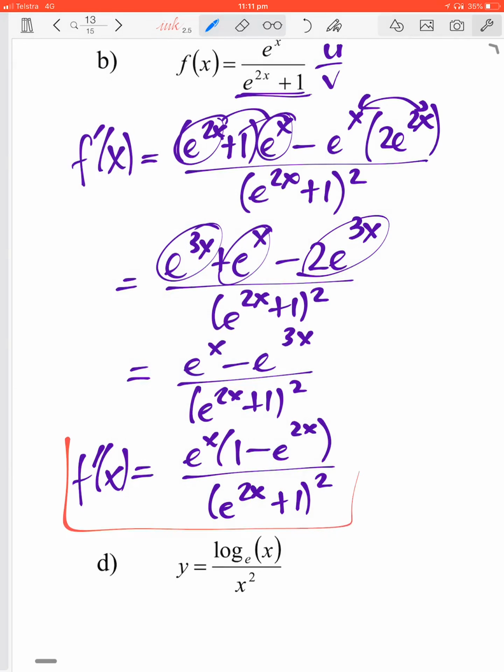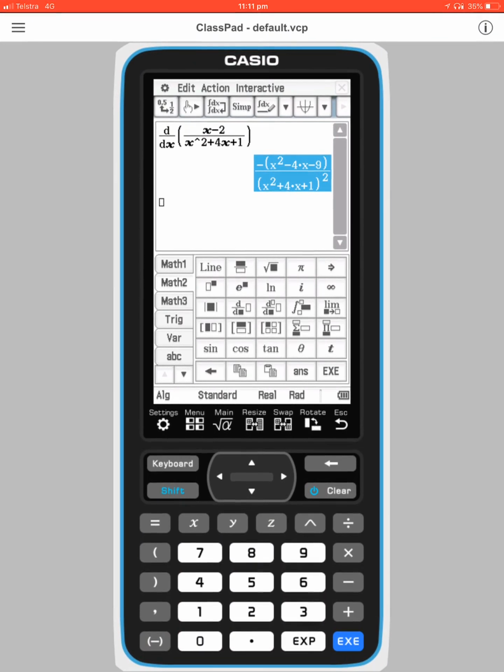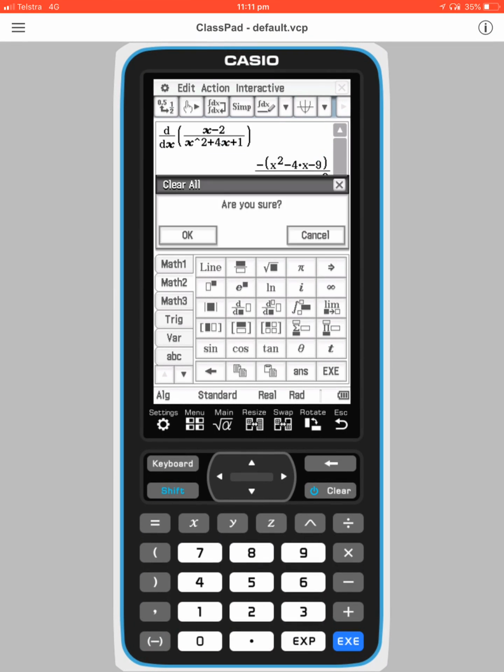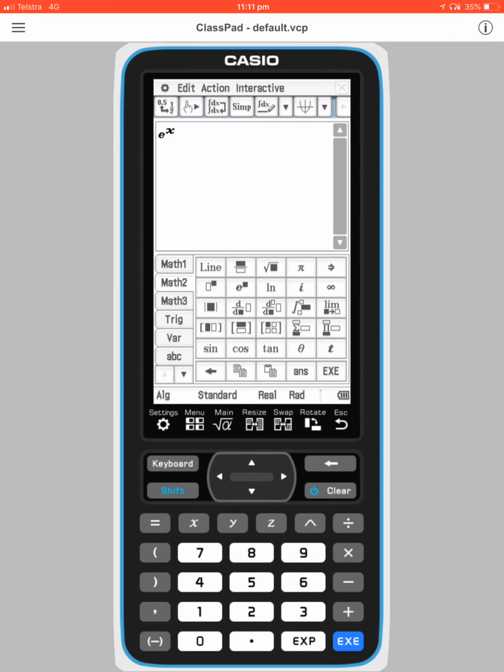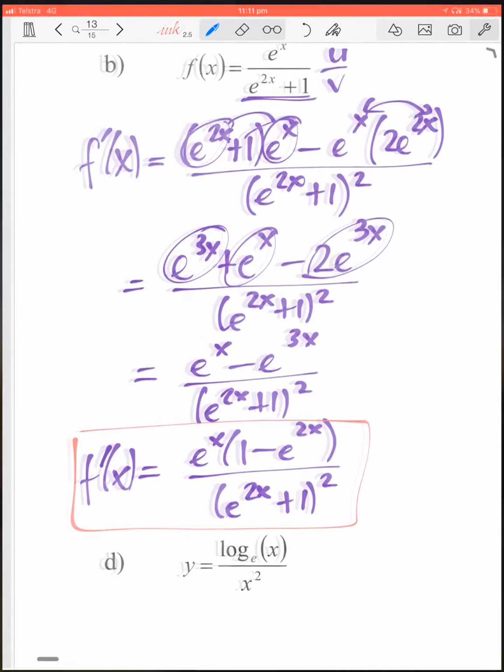And assuming I didn't stuff it up, e to the x on e to the 2x plus 1, derive, simplify. Let's use the difference of 2 squares on top and take out e to the x, but it is exactly the same thing.